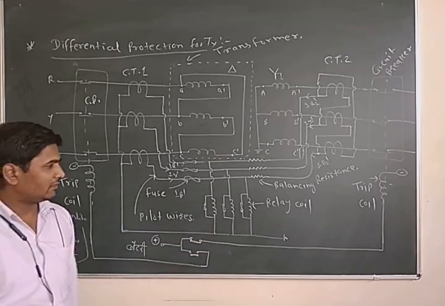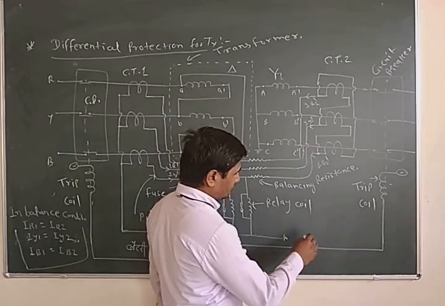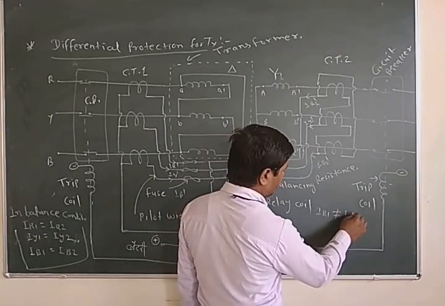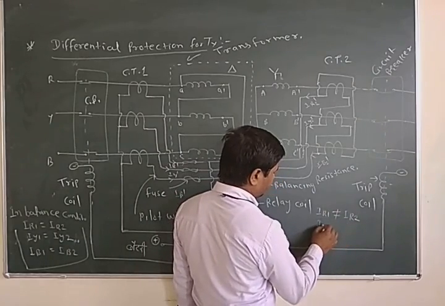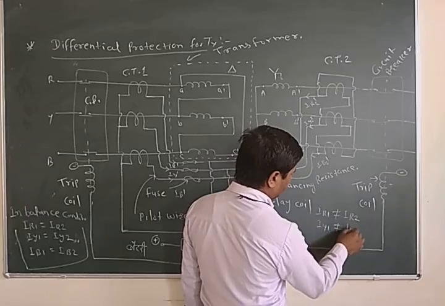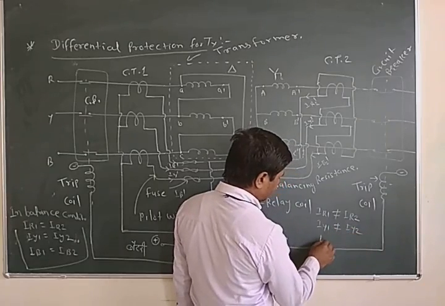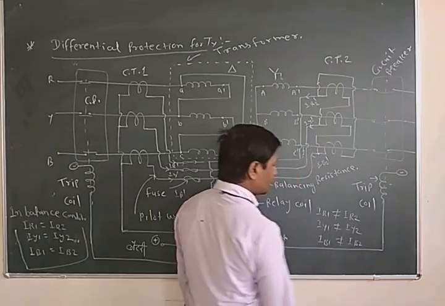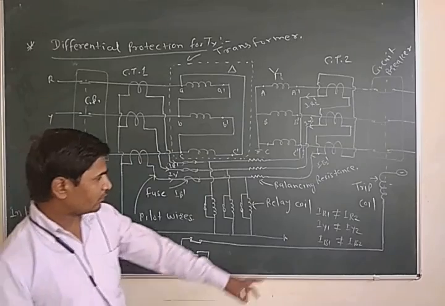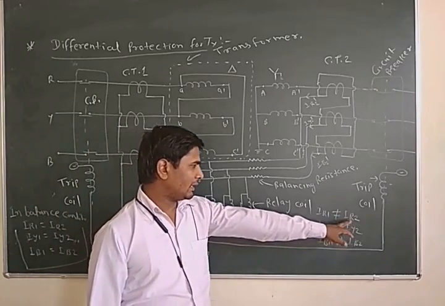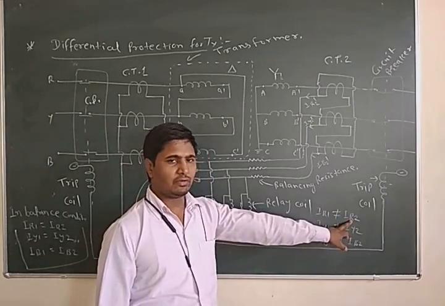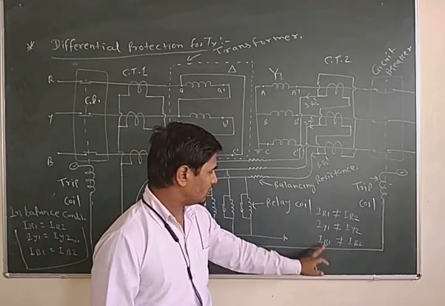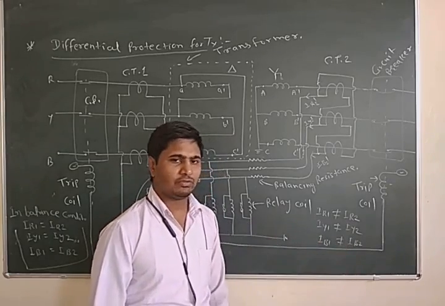In abnormal condition, IR1 is not equal to IR2, IY1 is not equal to IY2, and IB1 is not equal to IB2. In this way, the difference of IR1 and IR2 is not 0. Similarly, IY1 minus IY2 is not 0, and IB1 minus IB2 is not 0.